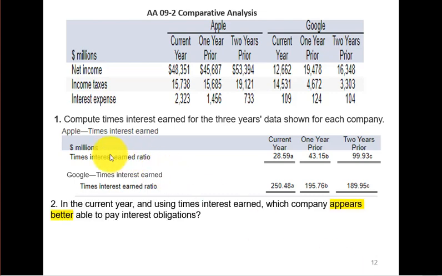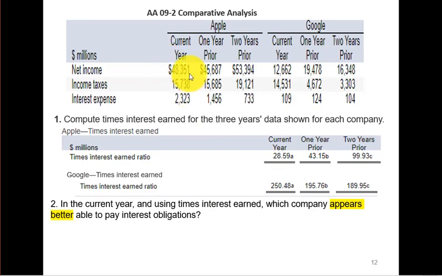So the times interest earned ratio for Apple is going to be, 2 years ago it was 99, then 43, now it's 28. For Google, it's... and again I took this information right here, and these are the calculated amounts from up here.